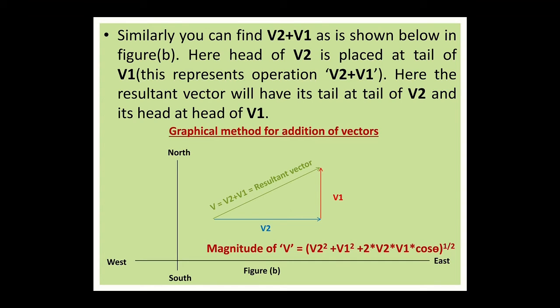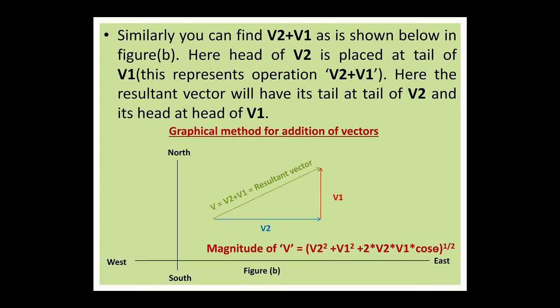So this green arrow is representing the resultant vector, or you can say this is your V, which is equal to V2 plus V1, because its tail coincides with the tail of V2 and its head coincides with the head of V1.